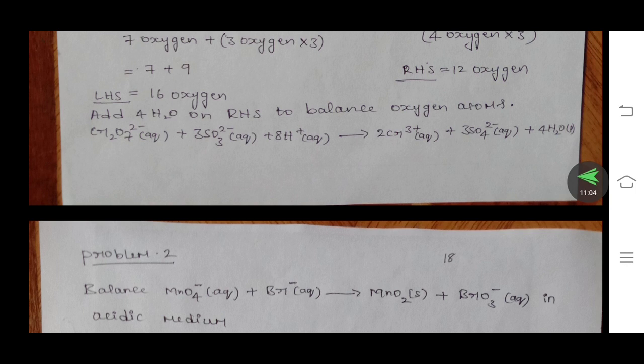Cr2O7 2- plus 3SO3 2- plus 8H+ gives 2Cr3+ 3SO4 2- plus 4H2O. Now number of hydrogen you check. 8 hydrogen present on the left side. Right side you check 4 into 2, so 8 hydrogen on the right side also. So now the complete equation is balanced.